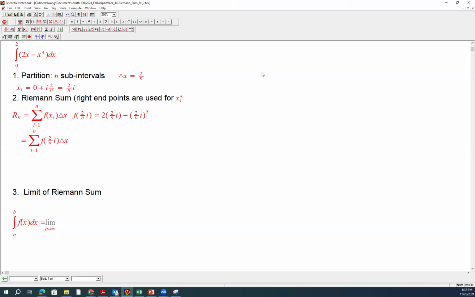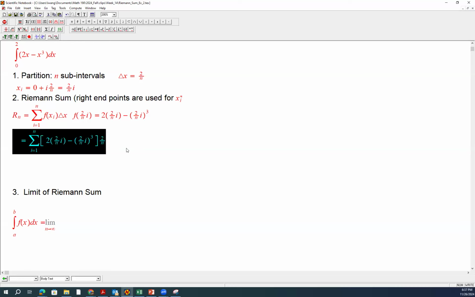All right. So this piece, this f of 2 over n sub i, will be replaced by the whole of this, all of that. Okay? Delta x is 2 over n.